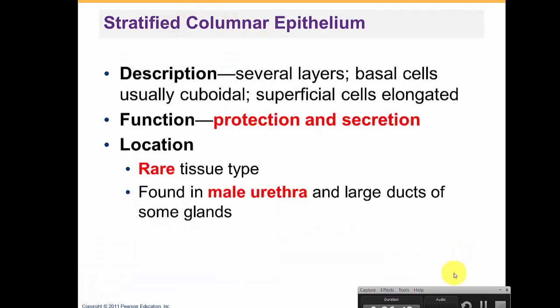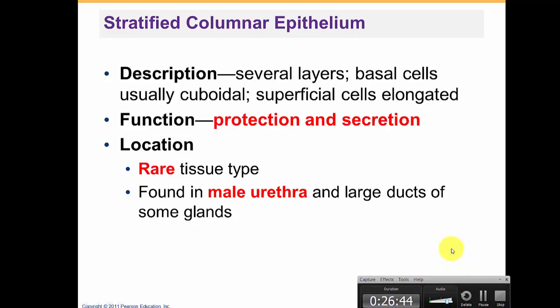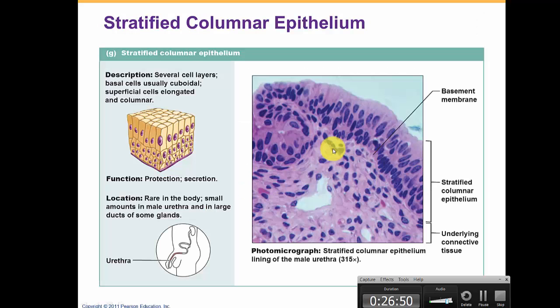Stratified columnar epithelium is a rare type of epithelium and is present probably only in the male urethra. So let's see. Again, I have one layer, then a second layer, a third layer, maybe a fourth layer. But what's the highest layer? What's the most superficial layer? What's the top layer? It's columnar. So we call this stratified columnar epithelium.